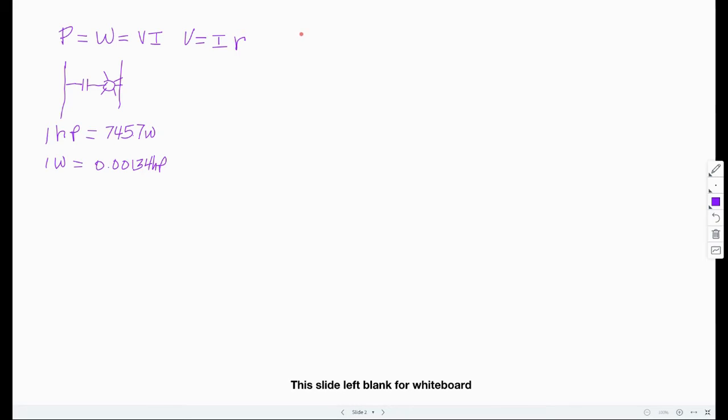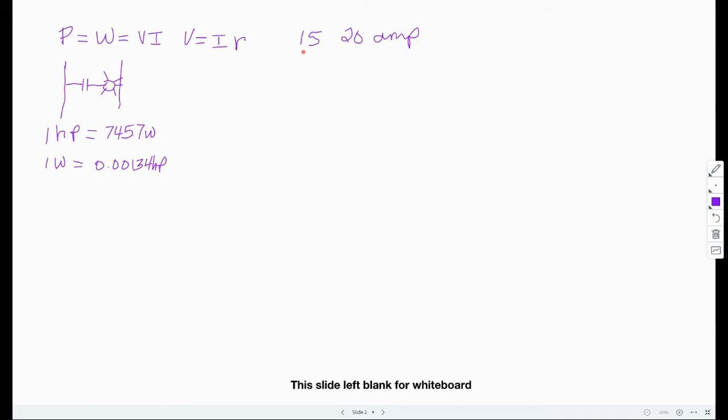General household circuit breakers are 15 and 20 amps. I don't know if they make a 10 amp breaker. I've never seen one, but I know they make a 30, a 40, a 50, a 60. So those are the amperages.